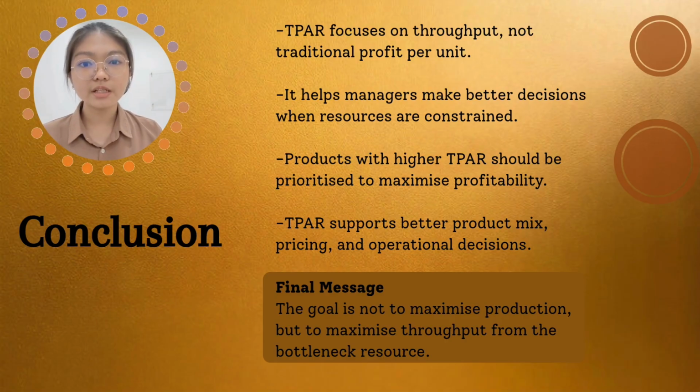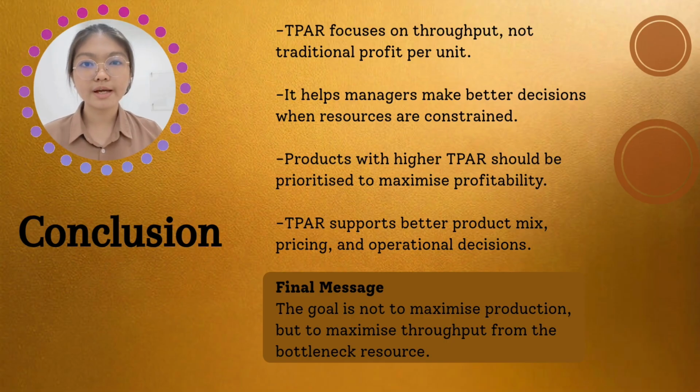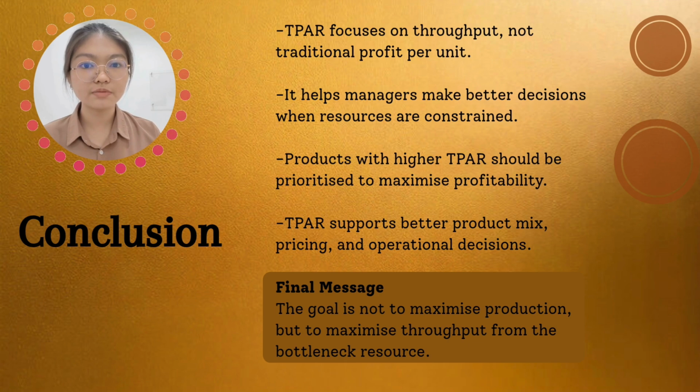By identifying which products generate the highest return per bottleneck hour, managers can make better decisions regarding product mix, pricing, and resource allocation. Although TPAR has some limitations, such as its reliance on identifying bottlenecks accurately, it remains a practical tool for improving operational efficiency and profitability.